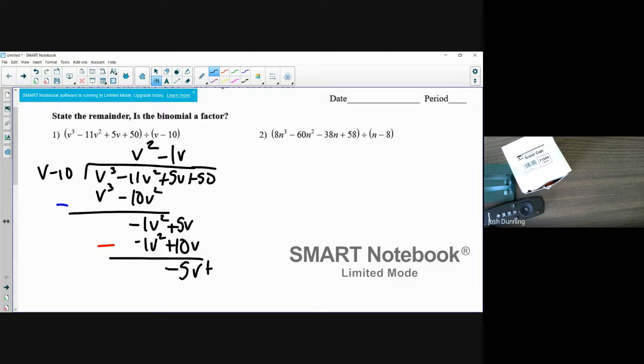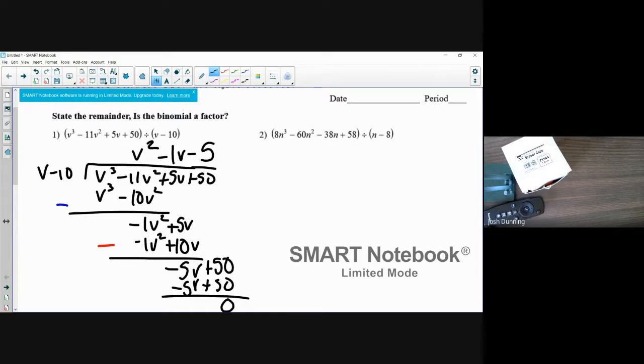Bring that 50 down. Then we'll multiply by negative 5. No remainder. It says is the binomial factor.